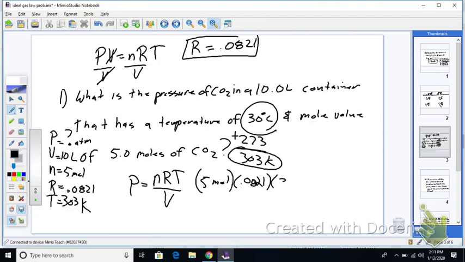That would be 303 Kelvin, and then you divide by the volume of 10 liters. That gives you a pressure in atmospheres. So it'd be about 12.4 atmospheres, compared to about 1 atmosphere at regular room pressure.